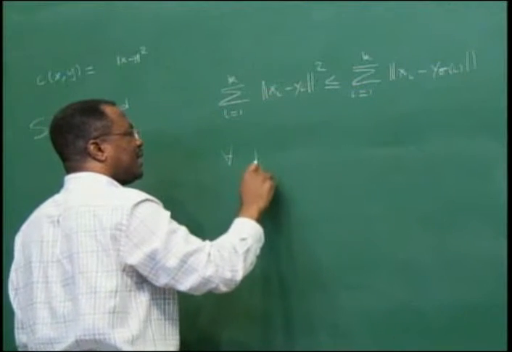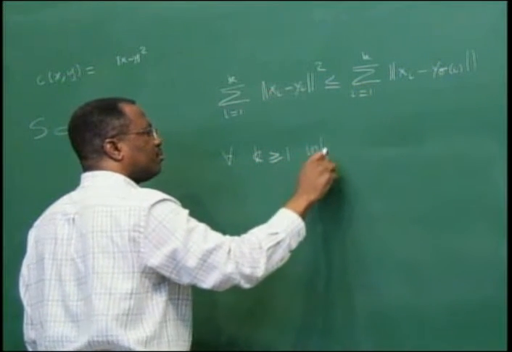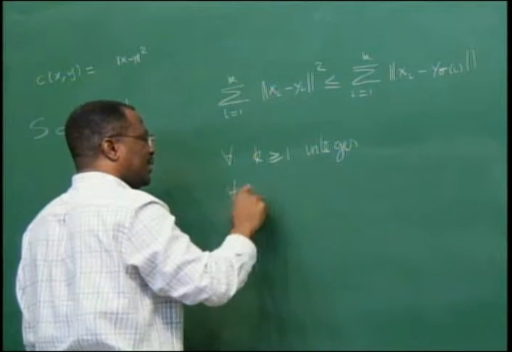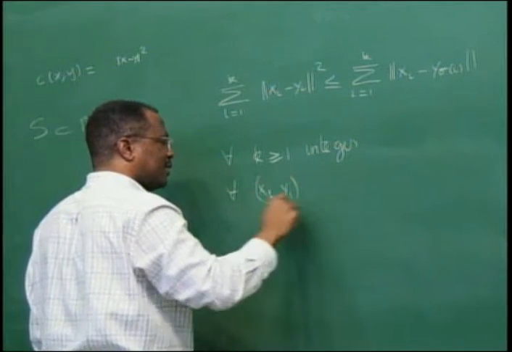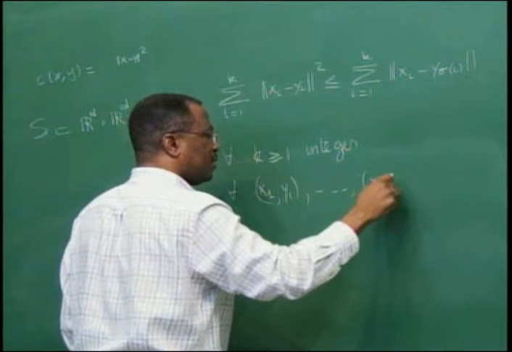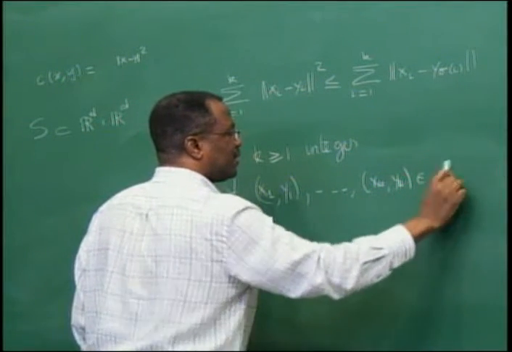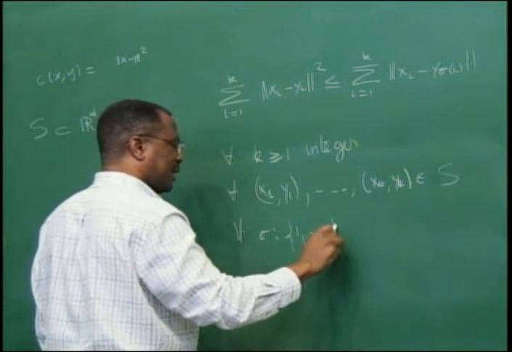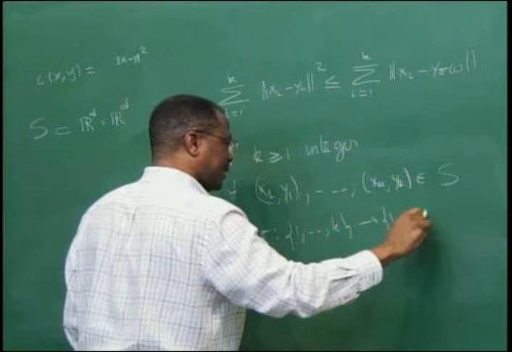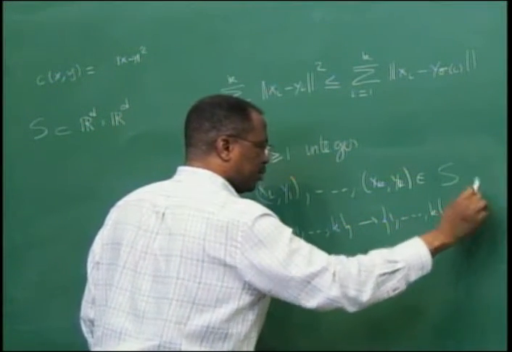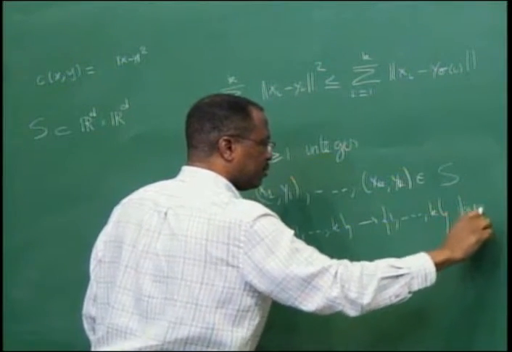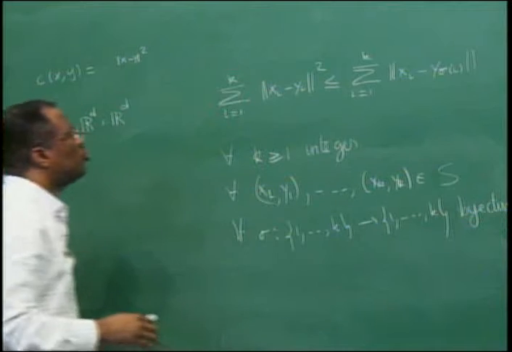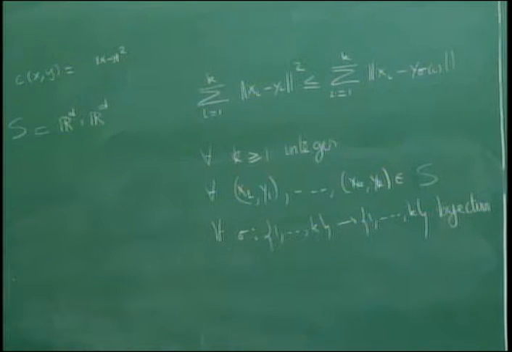for every integer k, every (x1, y1), ..., (xk, yk) in S, and for every sigma from 1..k to 1..k a permutation, a bijection, the sum of c(xi, yi) is at most the sum of c(xi, y sigma(i)). Okay, so saying that S is c-cyclically monotone is equivalent to that.